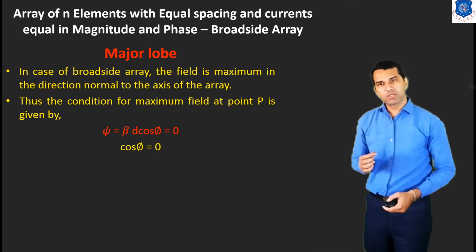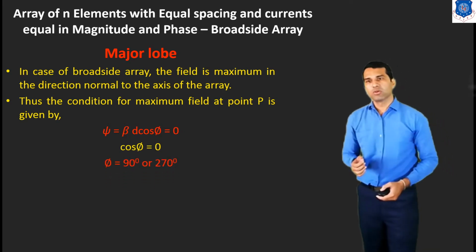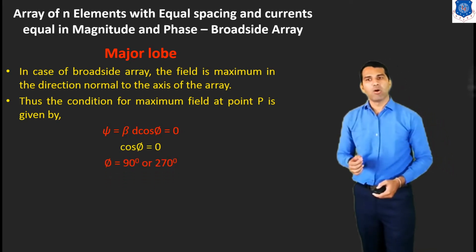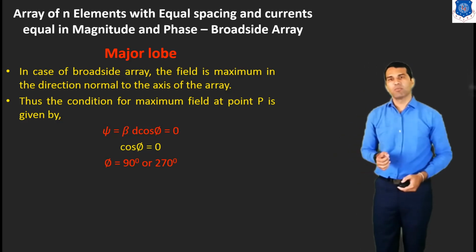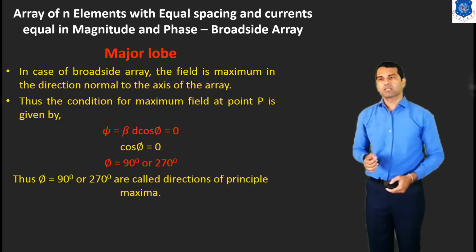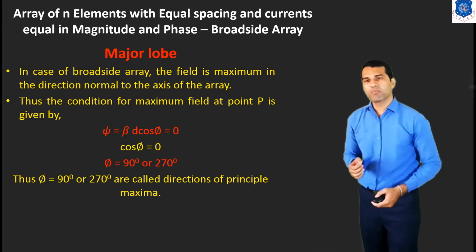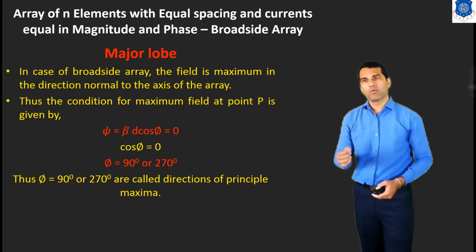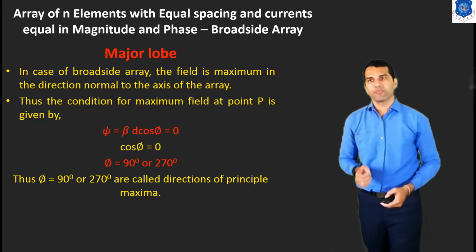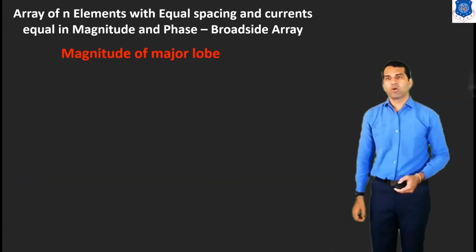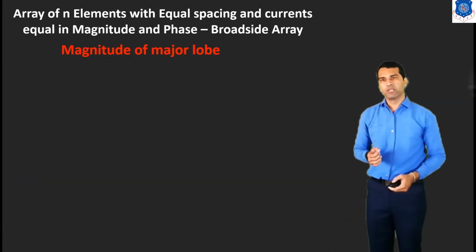So cos phi is equal to 0, so phi is equal to 90 degrees or 270 degrees for the major lobe. Thus, phi equal to 90 degrees or 270 degrees are called the directions of principal maxima for this broadside array.